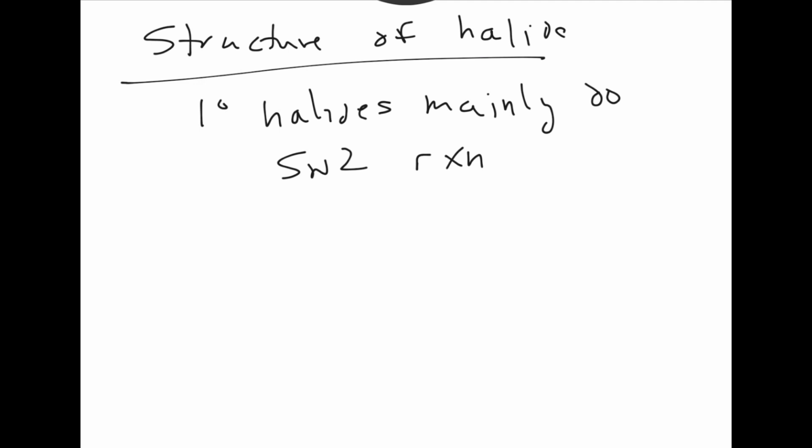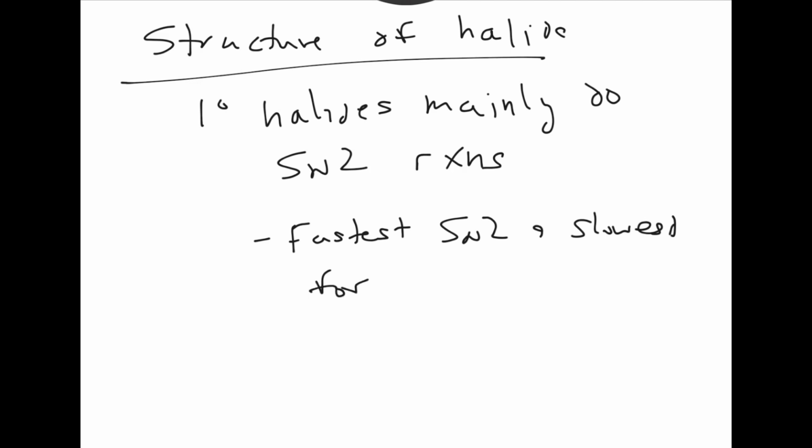Primary halides mainly do SN2 reactions. If you remember, a primary halide is fastest for SN2 reactions and slowest for E2 reactions. So if given a choice, it's going to prefer to do a substitution reaction. There's one caveat to this.